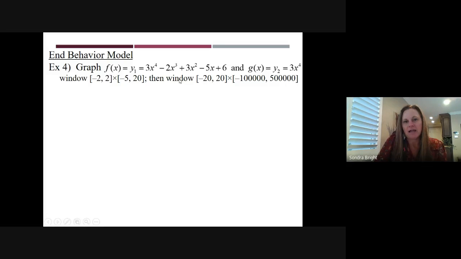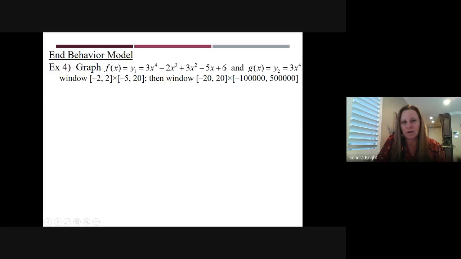It doesn't matter. I want you to do that and look at those two graphs: y1 is 3x to the 4th minus all of those other terms, versus y2 which is only 3x to the 4th. It's got the same leading term. Hopefully you notice that, 3x to the 4th, 3x to the 4th.